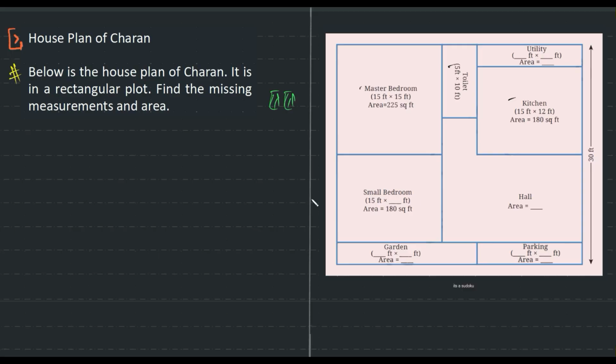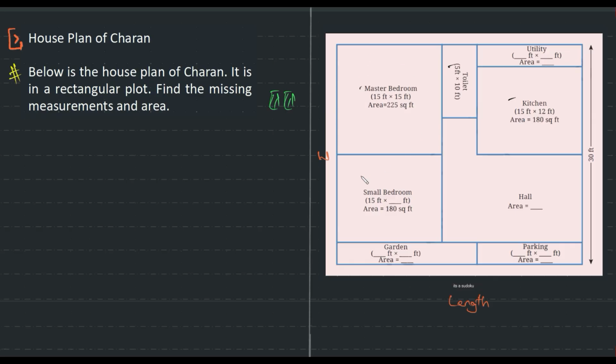And one more thing is along the y-axis, or you guys will not know y-axis, I'll call this length and breadth so that it's simple. Length and width. I'm just going to write W. So width is given, it is 30 feet.